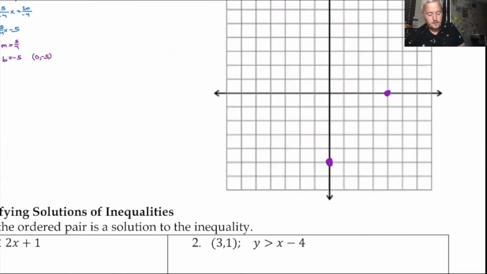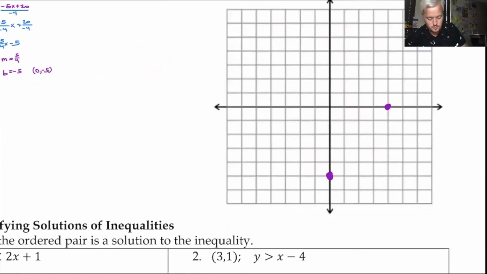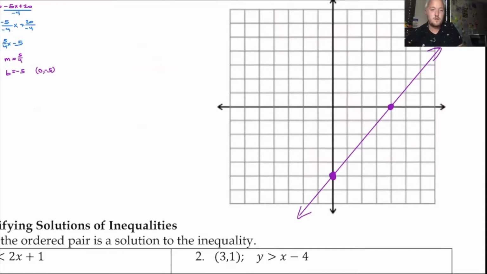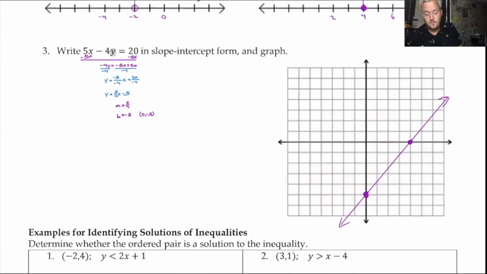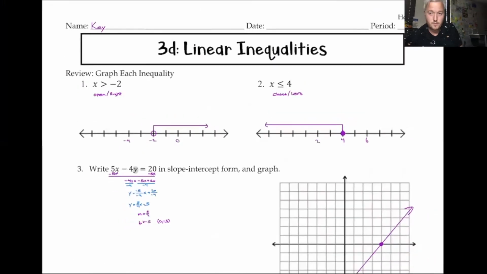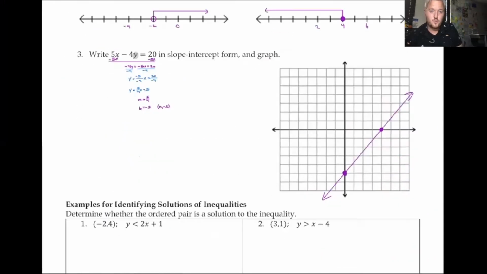We can't actually plot any other points, so what I'm going to do is just draw a line that connects both and extend. This is really an extension of what we did in 3B when we're graphing. We're going to be doing this in addition to some shading.